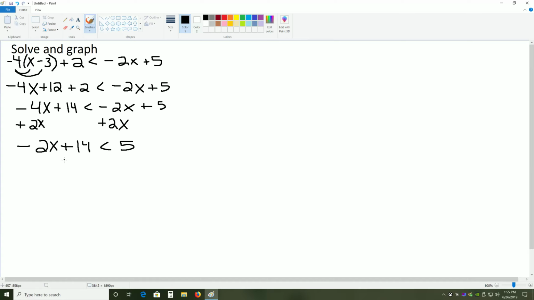From here, I'm going to get rid of this plus 14 to get my x alone, which means I will subtract 14 from each side. This gives negative 2x is less than negative 9. Now to finally get the x completely alone, we need to cancel out that negative 2 in front of it, so we're going to divide each side of the equation by negative 2.